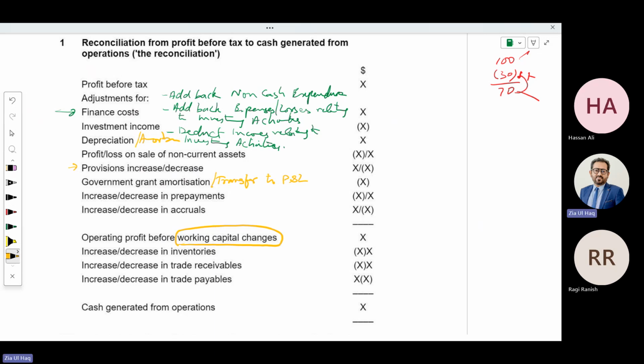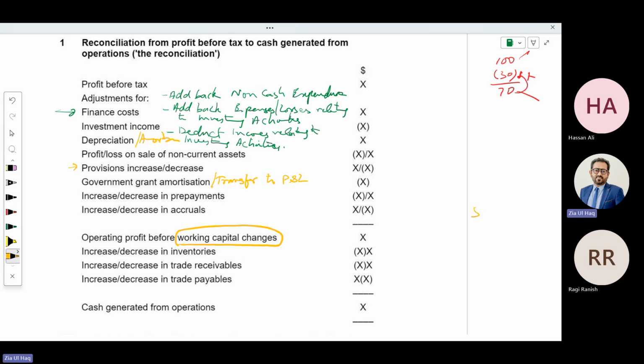What is working capital? Current assets and current liabilities, other than cash and overdraft. Mainly receivables, payables, and inventory. How should we adjust this? Inventory increase or decrease.